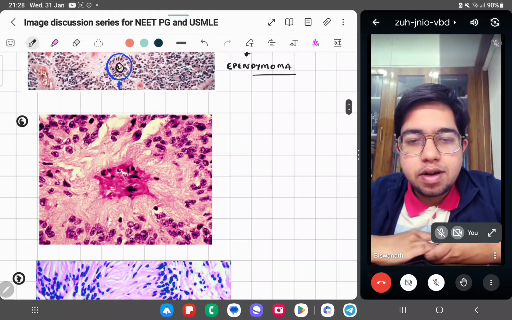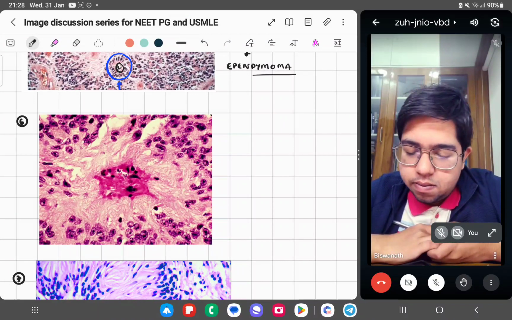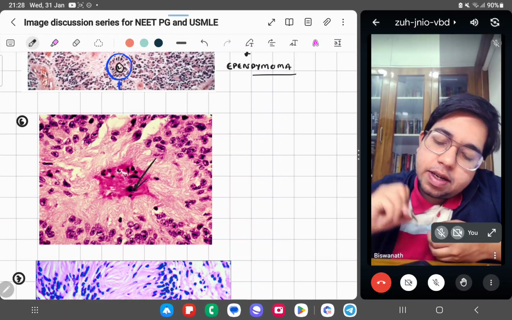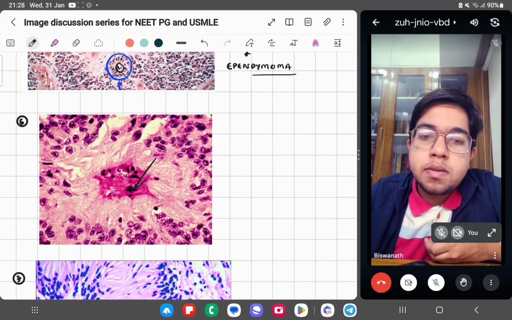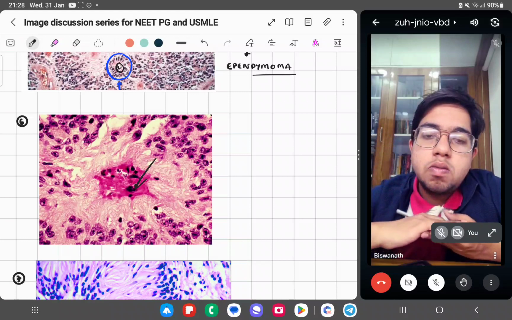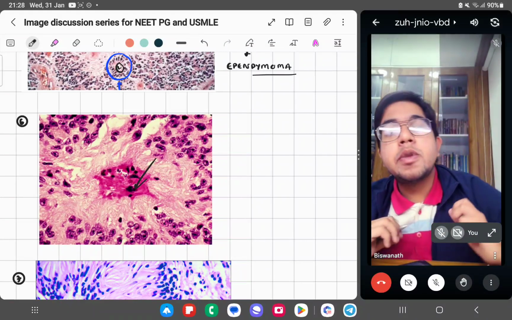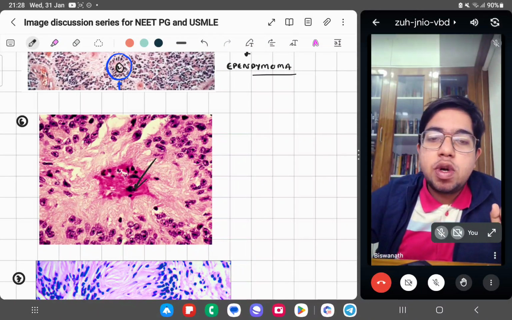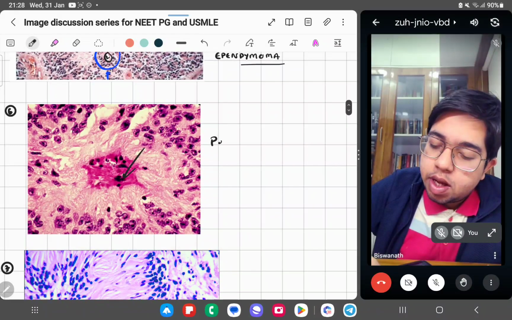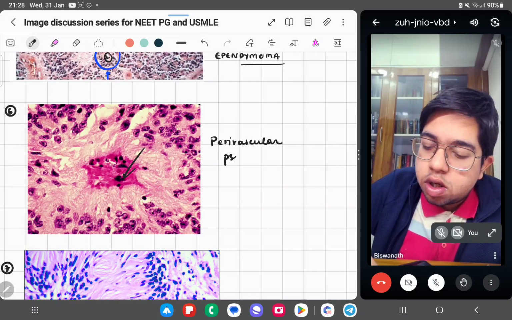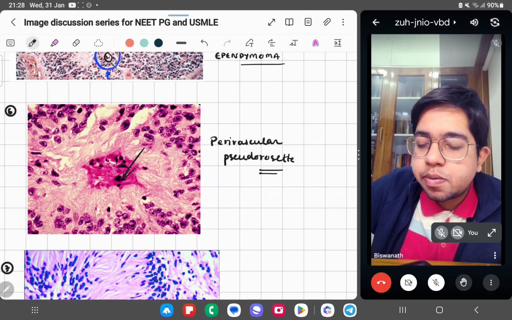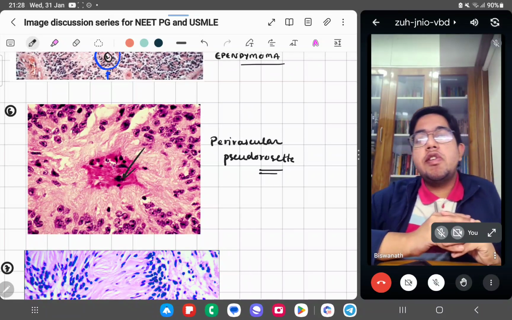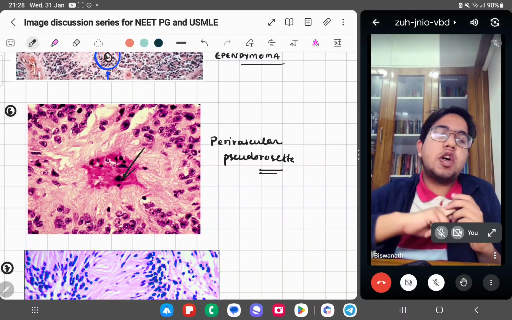This one is a very characteristic one. If you know what this red stuff is, you will well identify this rosette. Tell me. So this one is a perivascular pseudorosette. The perivascular pseudorosette is present in two disorders.